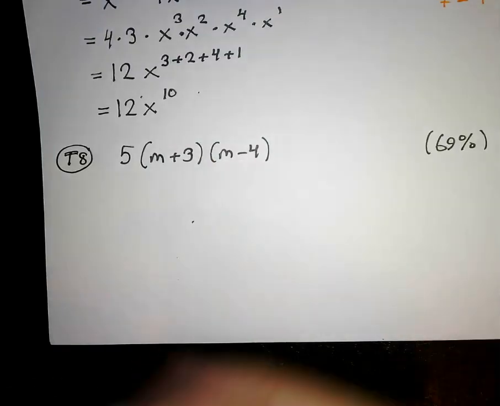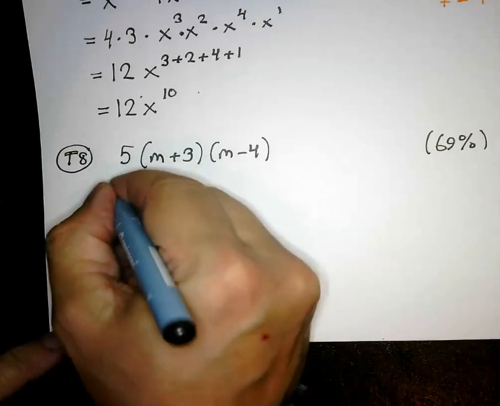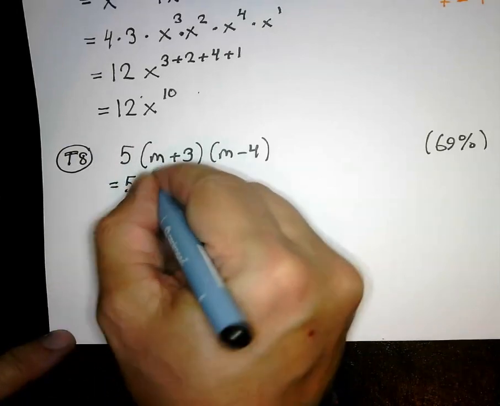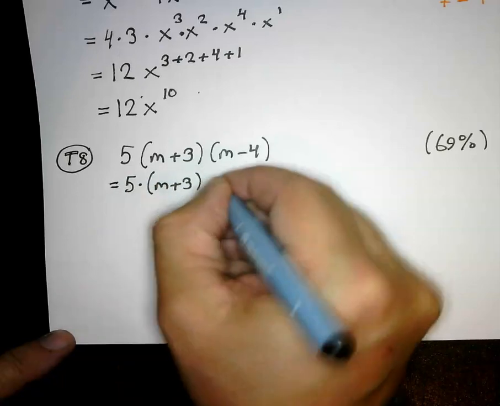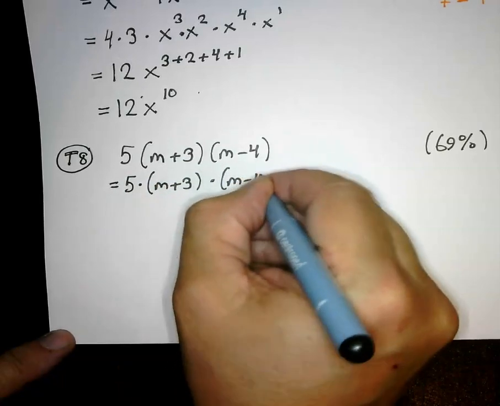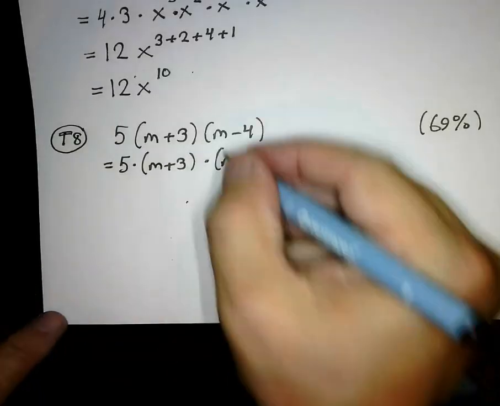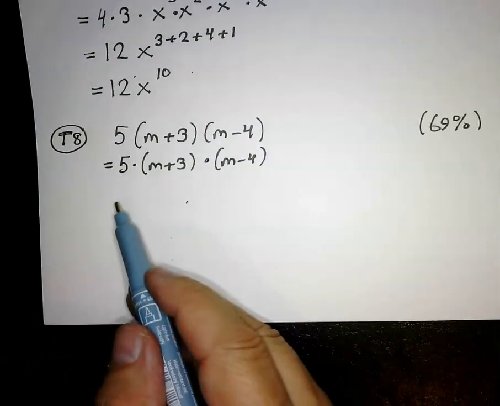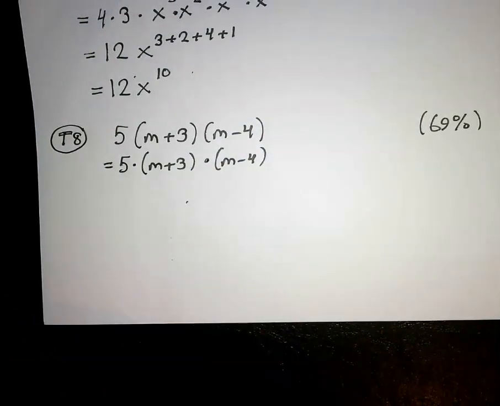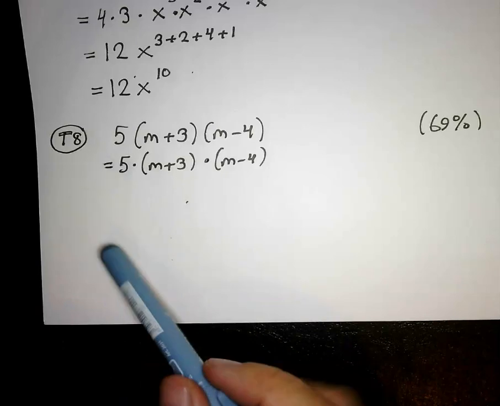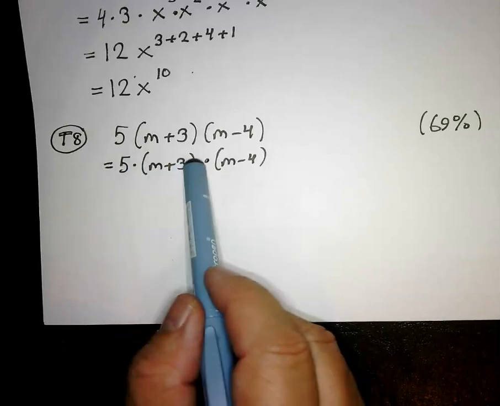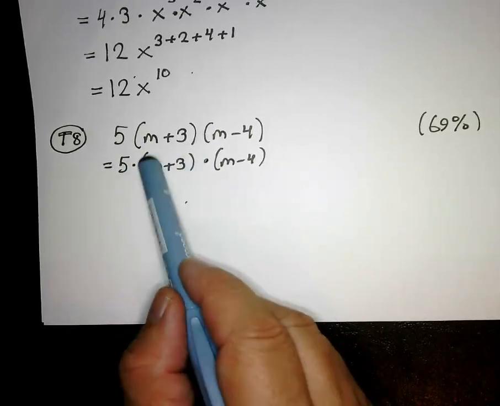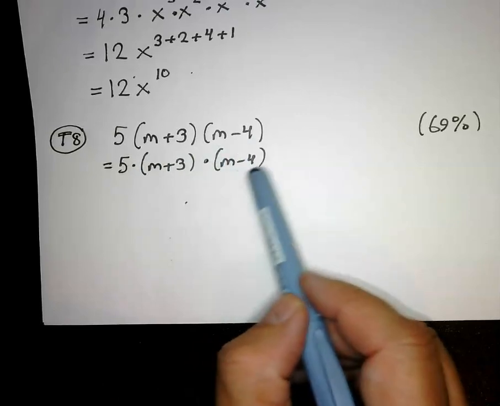This means I write there this multiplication sign, so this means actually this kind of multiplication. There are actually three numbers which are multiplied, 5 and then m plus 3 and m minus 4.